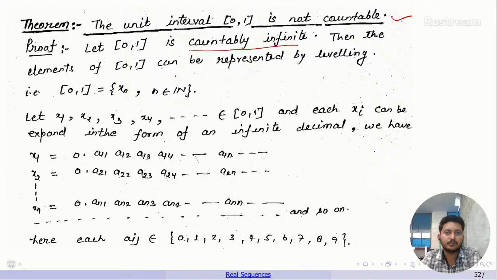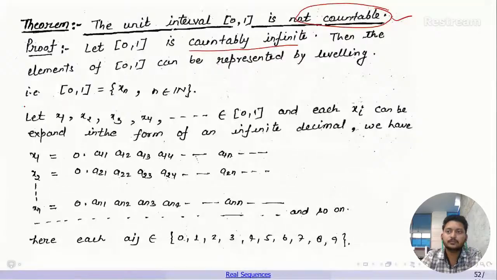If the numbers are countably infinite, then also say that it is uncountable. In mathematics, first you assume a contradiction, then you prove the statement, whether it is countable or not countable.